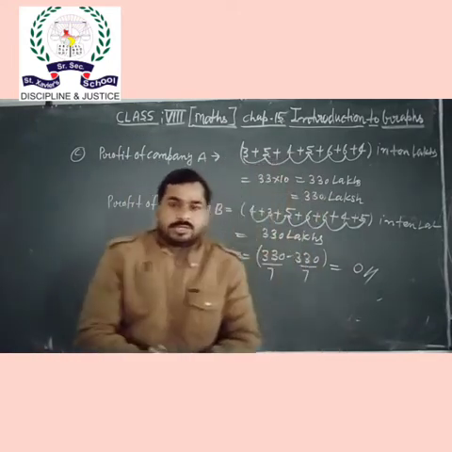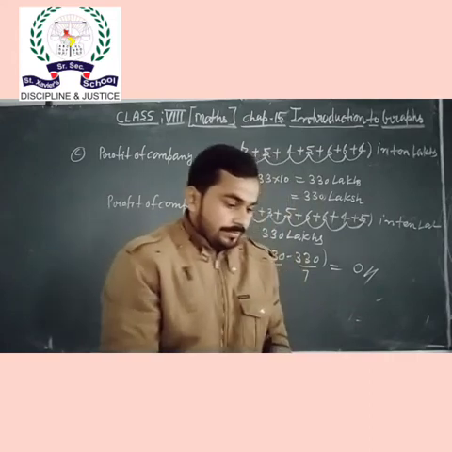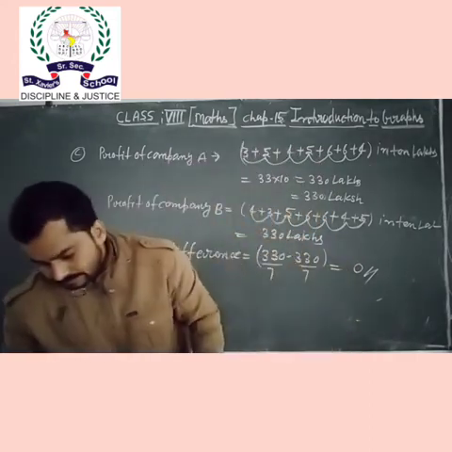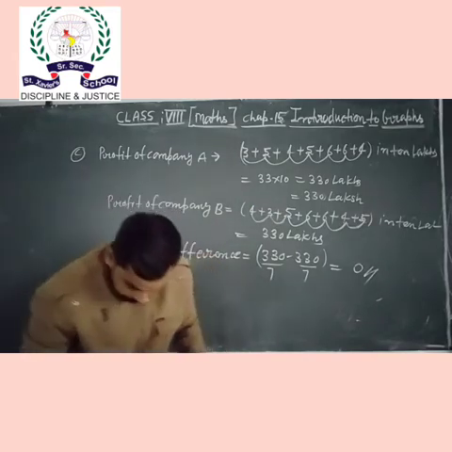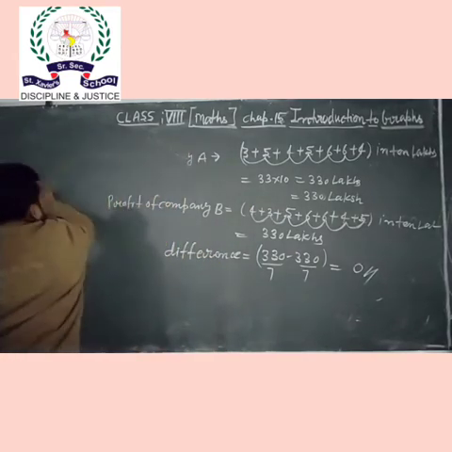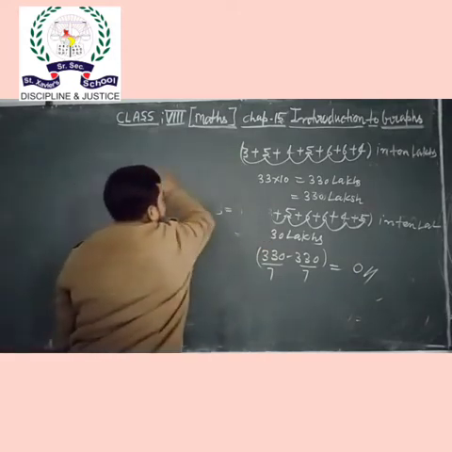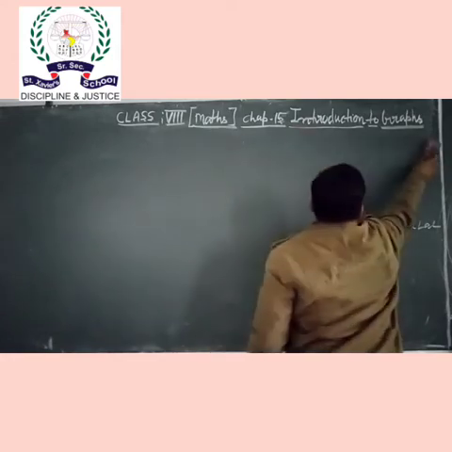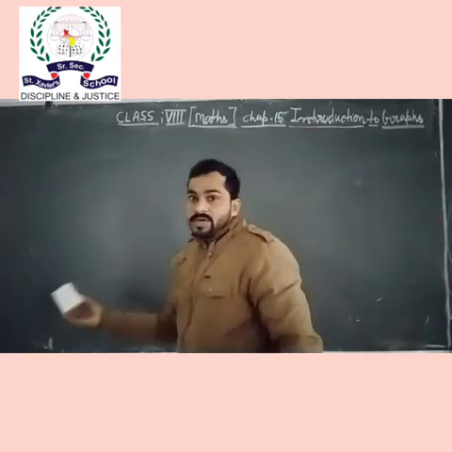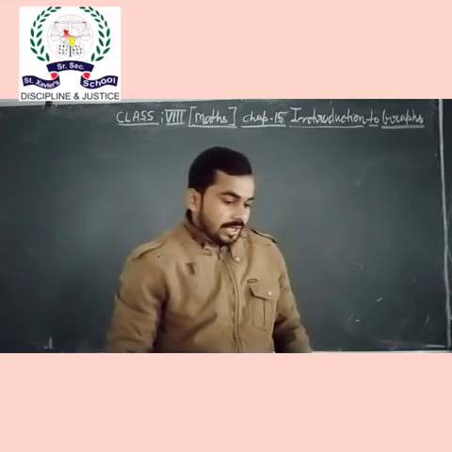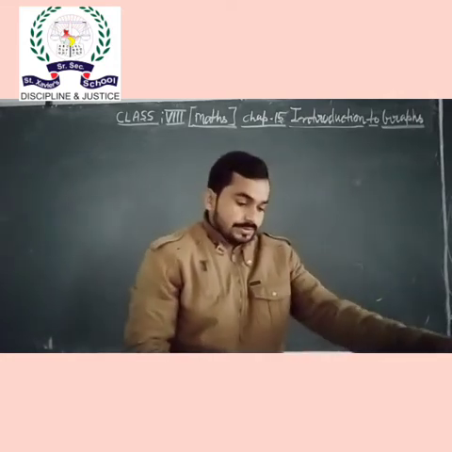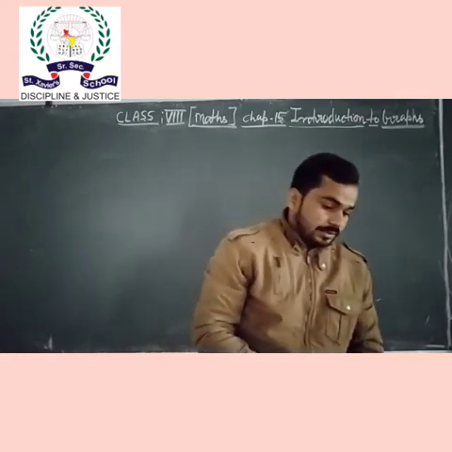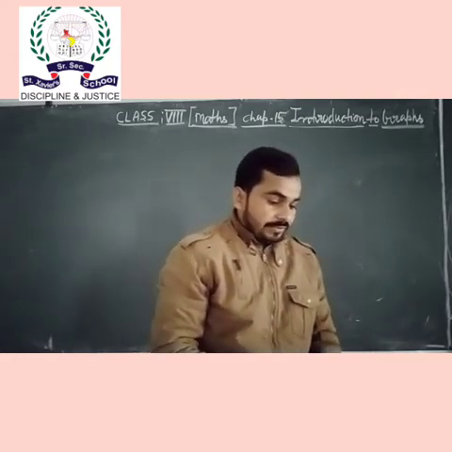So these are question numbers 3 and 4. Now question number 5: draw a graph. A car started at 8 hours for a long journey of 12 hours. The speed of the car at different hours is given below.